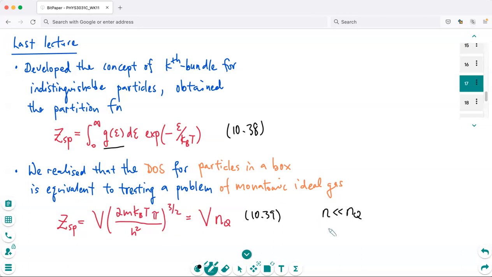And from here, I want to immediately draw your attention to this. How do you play with this case? For example, you remember the estimation I did about 7 million people sharing 35 cars? If you are observant, you will realize what I did there. I plugged in the thermal energy, and the mass of helium, I used helium. So all these quantities are entering this quantum concentration. That calculation is equivalent to this viewpoint here.